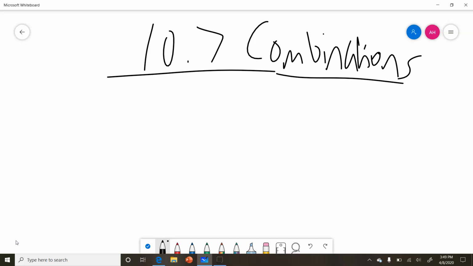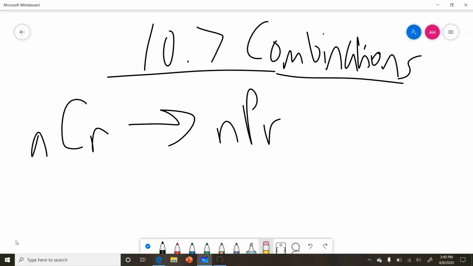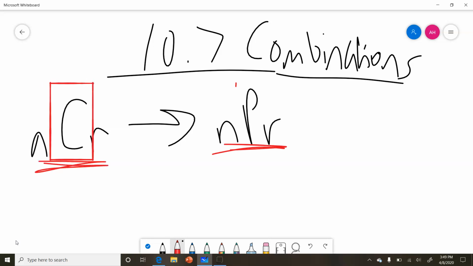It is n, so that's the same, C r. So everything looks the same as the last one, right? The last one looked like this, nPr. And you can see the difference here. The only thing that's changed is that this P, permutations, has changed into C, combinations. And what that does is it just changes the formula a little bit. So I'm going to clear that.